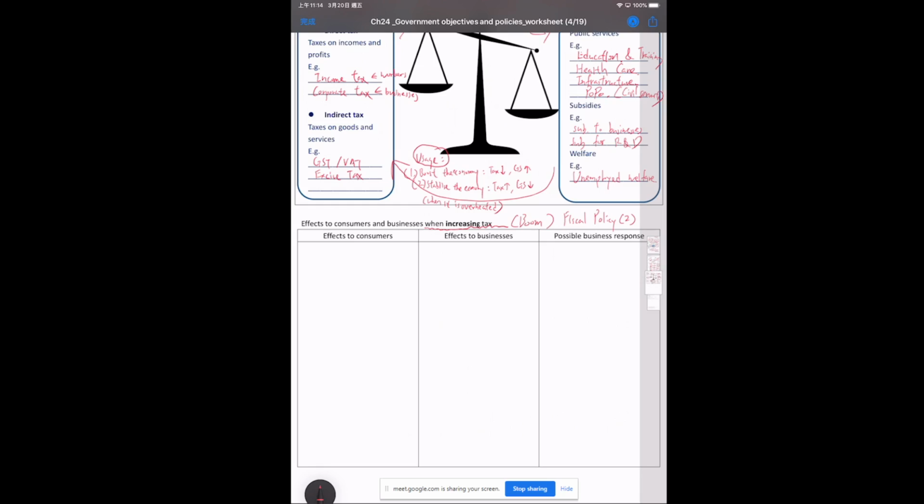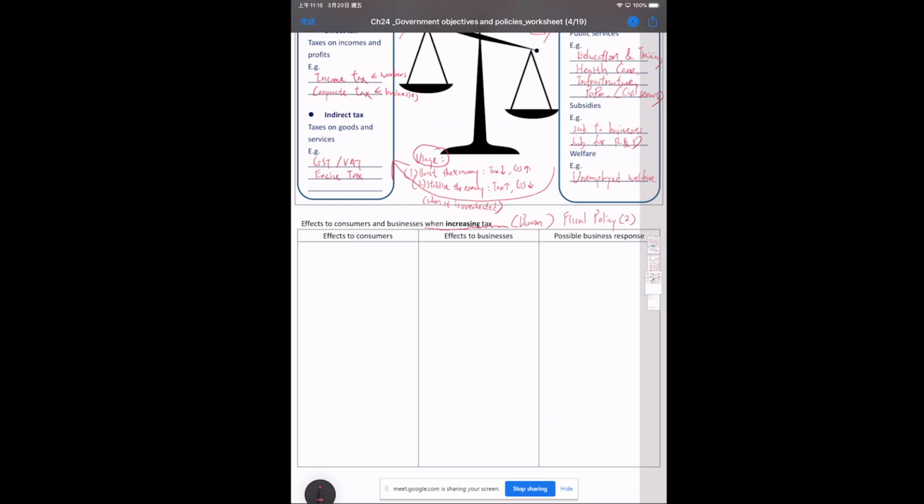Does it make sense? If you have less income, you are going to spend less on goods and services. That is totally normal if you have rational thinking. When you're earning less income, you spend less, and it creates a lower demand, right?